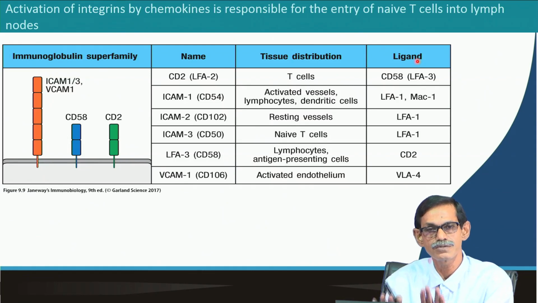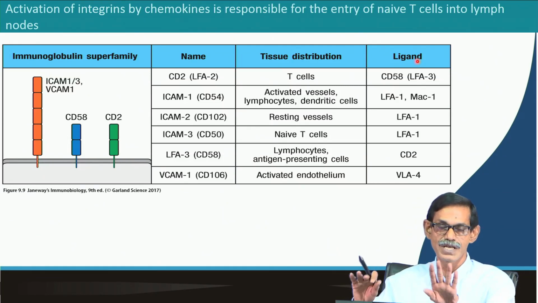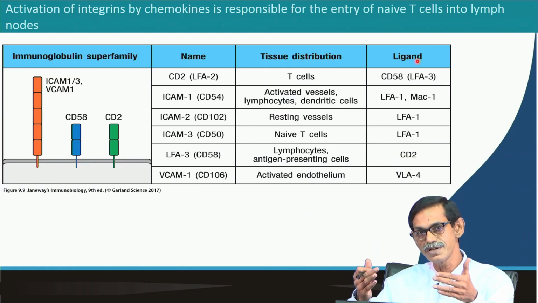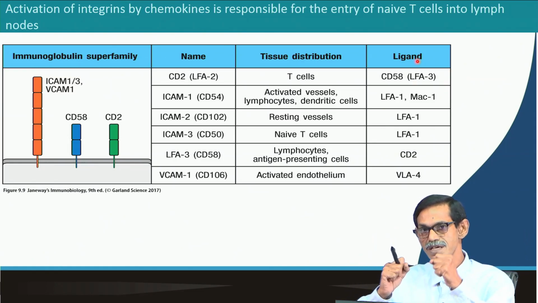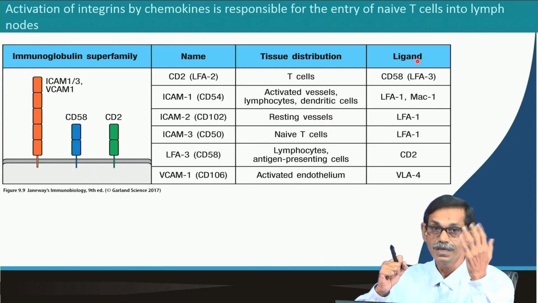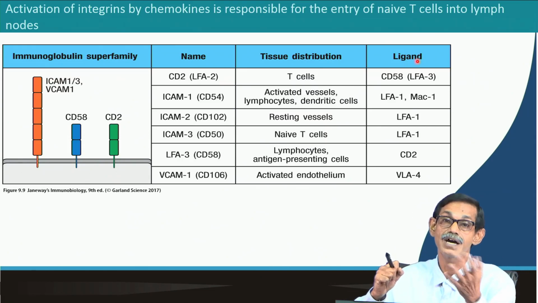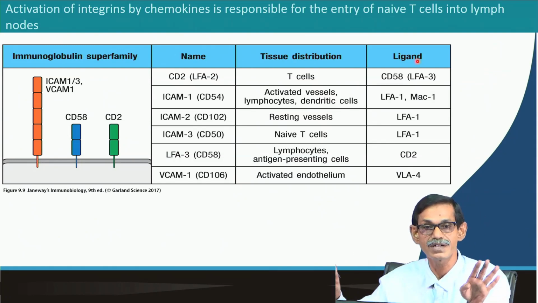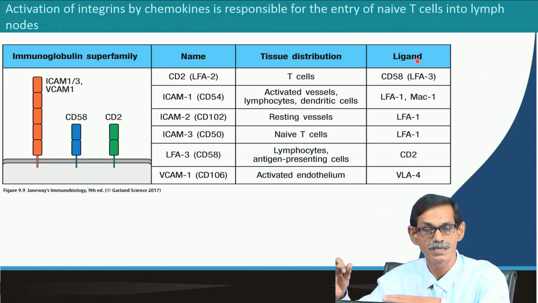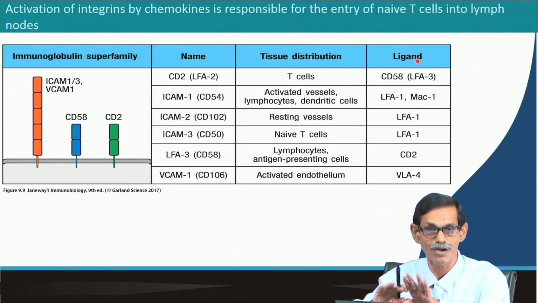Those who are going to do research on this particular area definitely have to remember, but to understand immunology what you have to remember is chemokine signaling. You have to understand what chemokine is, how it reacts. You do not have to remember hundreds of chemokine names and their details, sometimes definitely, but not always.